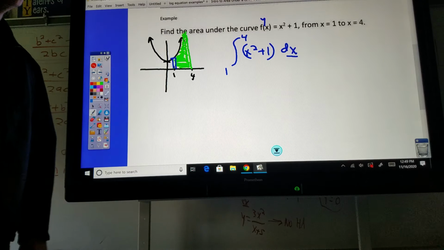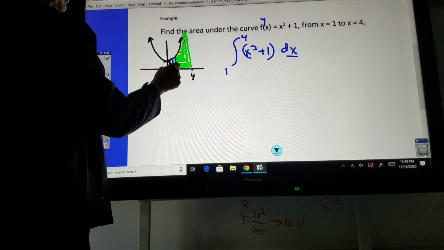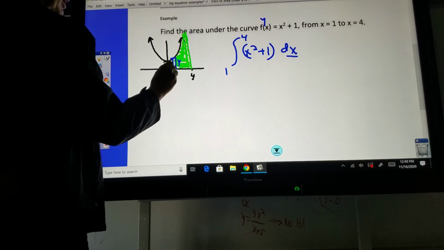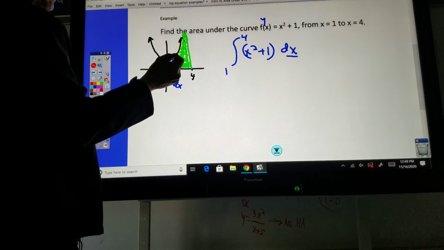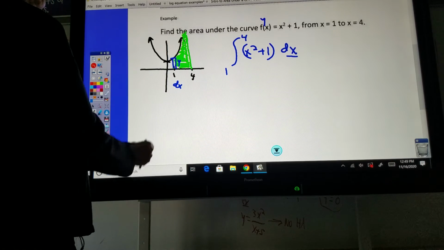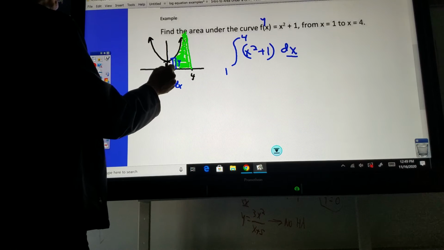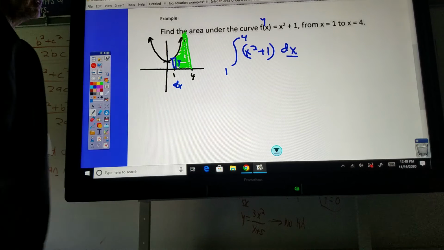It's a very, very tiny width. So we have a very small width dx, and we have a height y. This tiniest amount is called a differential x. It's the tiniest x imaginable. And again, we're going to have an infinite number of those super skinny rectangles.